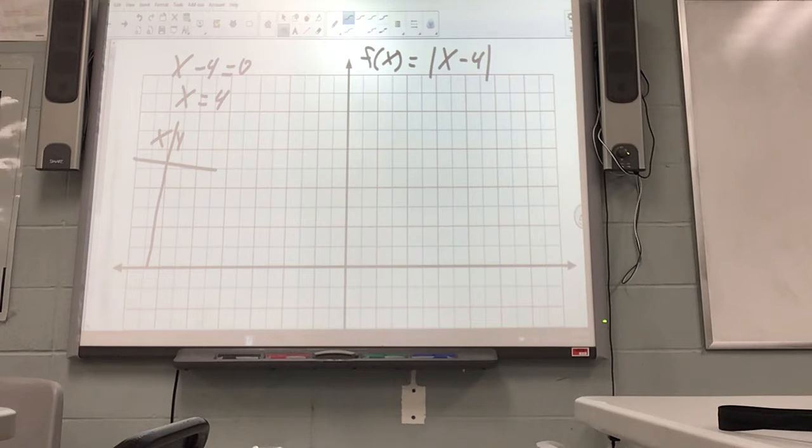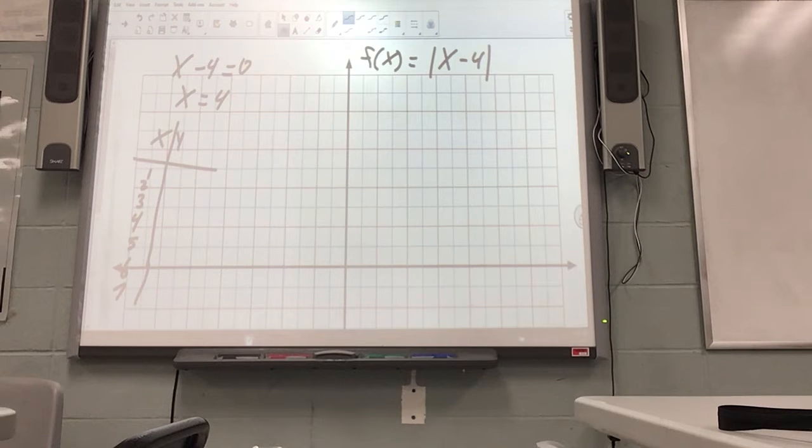It'd be kind of in the middle, right? So I want to put that x coordinate 4 right here in the middle, and then I'm going to pick some on both sides of it. So I got a 4, so I can go 3, 2, 1, 5, 6, 7.